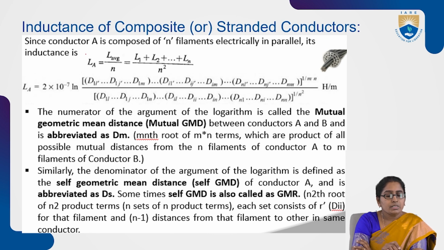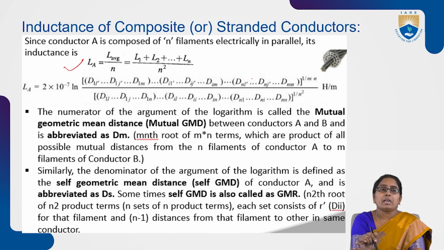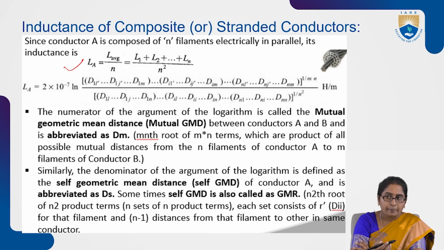Since conductor A is composed of n filaments which are electrically connected in parallel, it is given by LA is equal to L average by n, because n number of filaments are connected electrically in parallel.